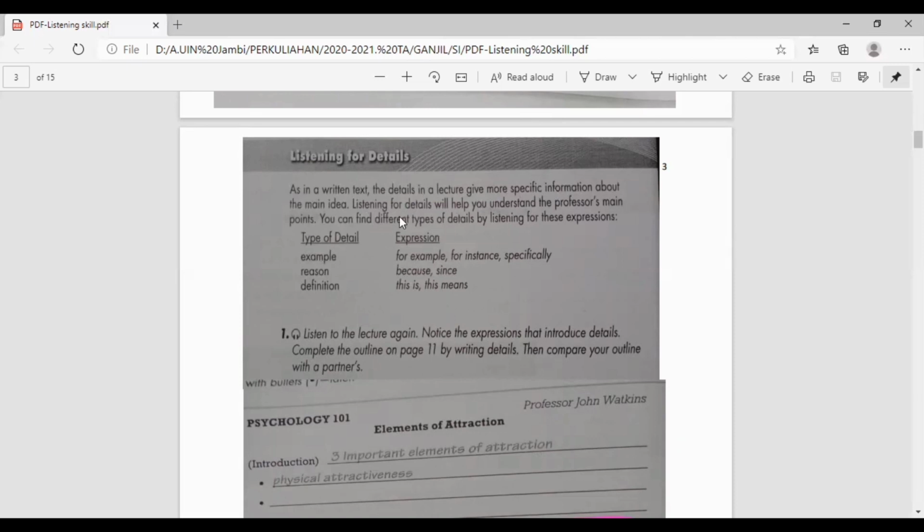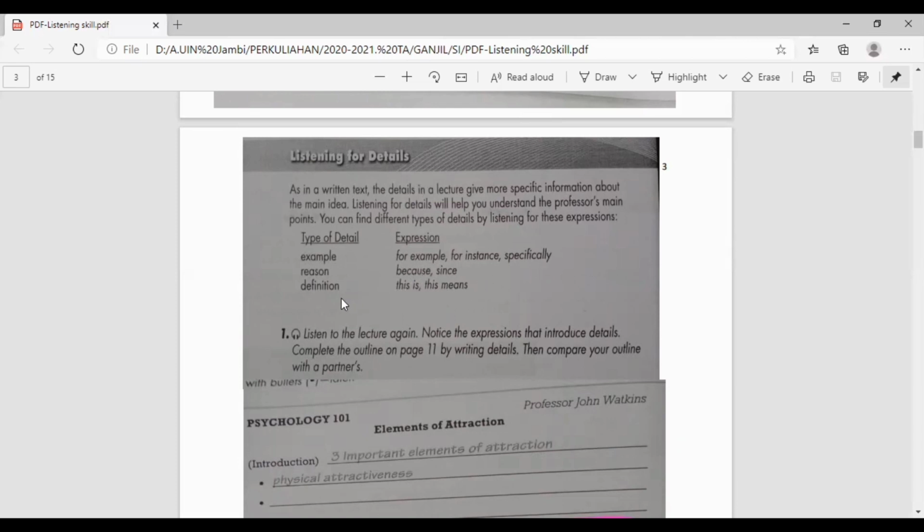And then you can find different types of details by listening for these expressions. Type of details: for instance, specifically. Or if the professor wants to show reason, they will say because or since.